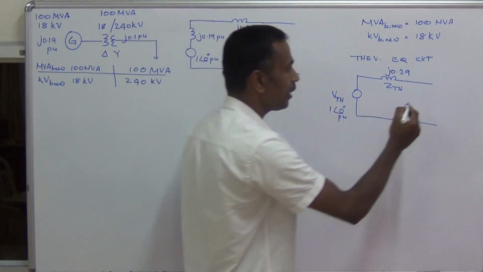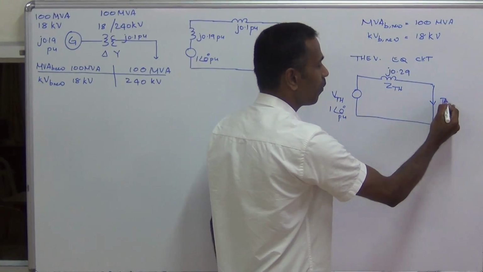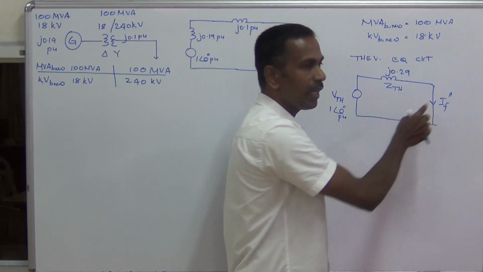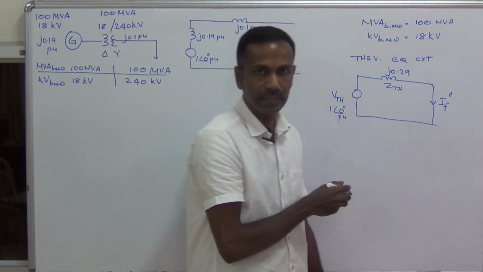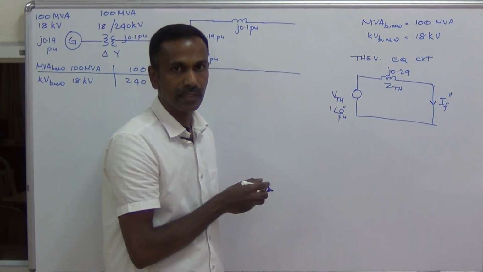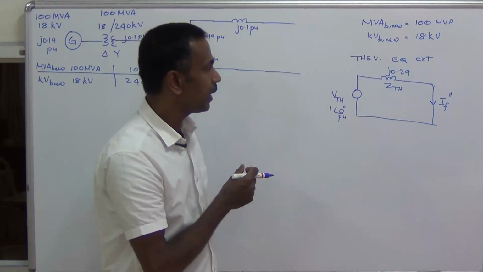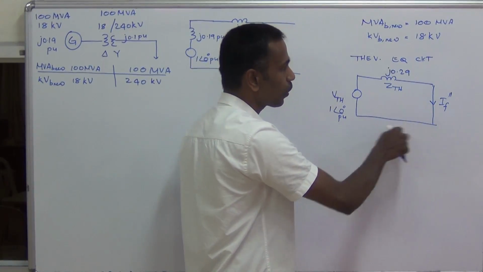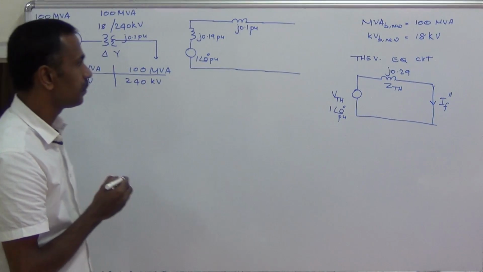Now let us apply the fault condition. So this is the fault. Let me mark this as IF double dash. This is the subtransient fault current, because we have considered the subtransient reactance, the reactance in the initial time period after the fault occurs. Now what is the fault current flowing through this circuit? The total voltage divided by the total impedance.